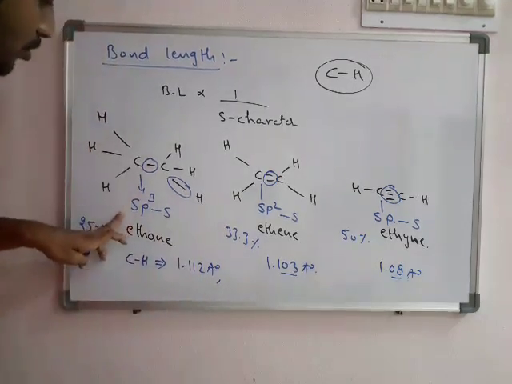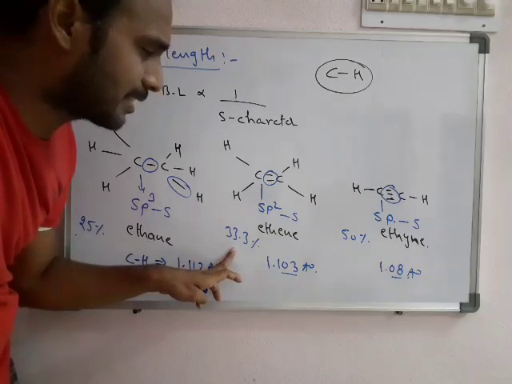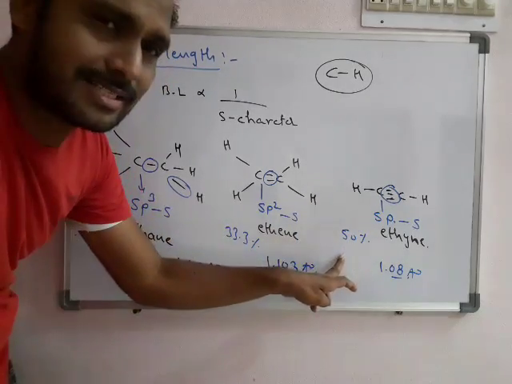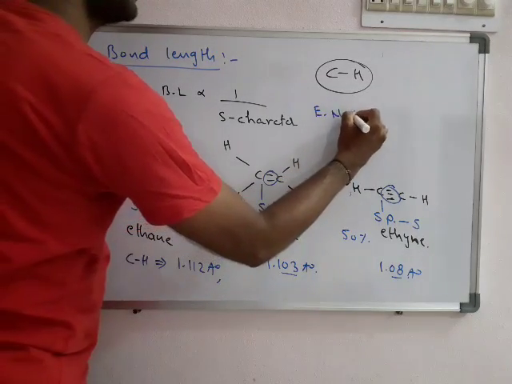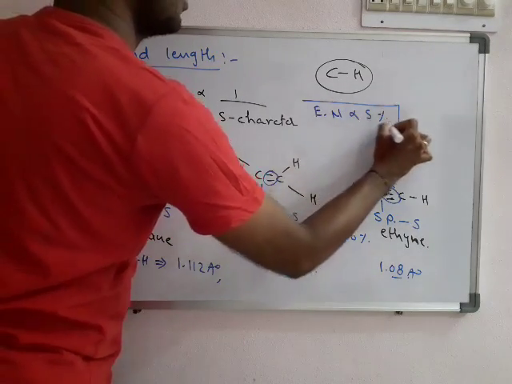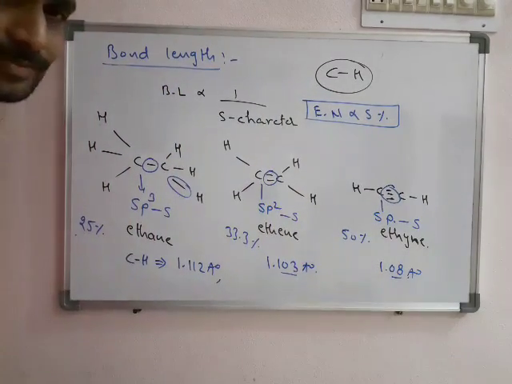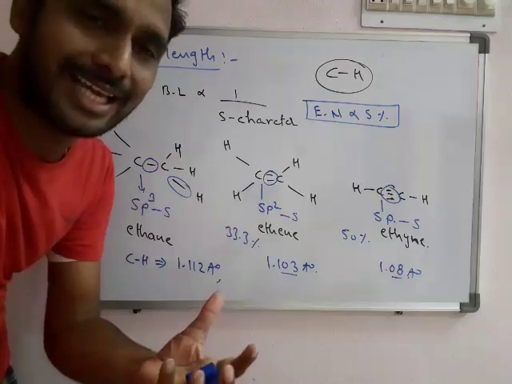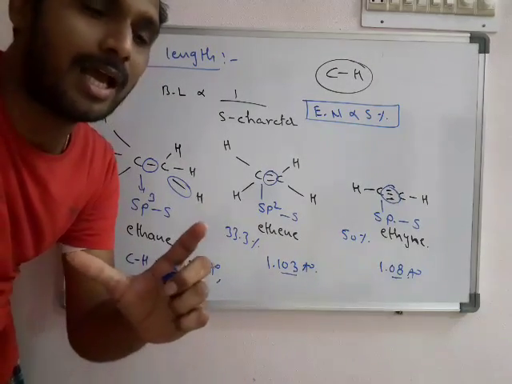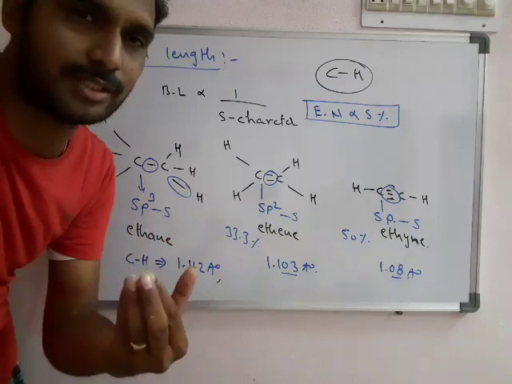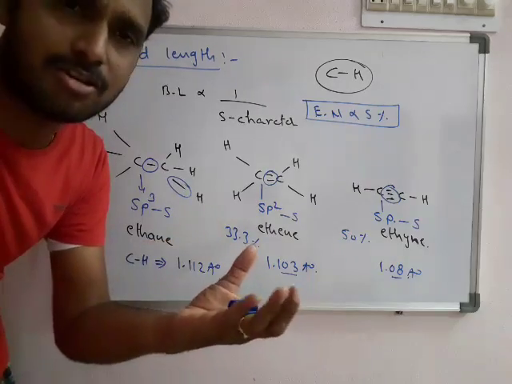Here sp3 has 25% S character, sp2 has 33.3%, and sp has 50% S character. Electronegativity is proportional to S character; there is one relation like that. If S character is higher, the attracting power is higher. As S percentage increases, its attractive nature increases, so they become somewhat closer.